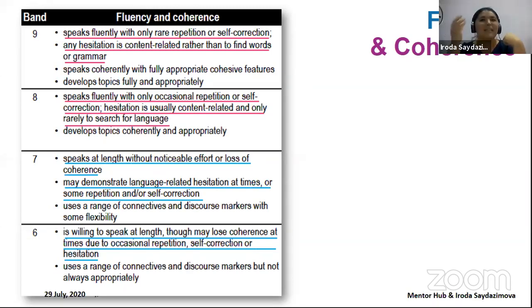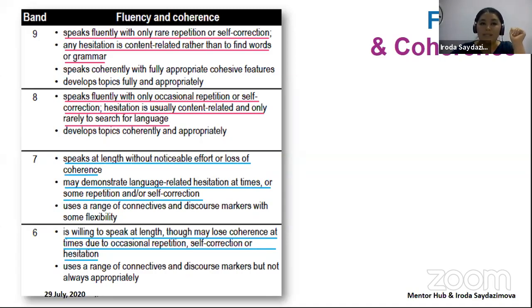You know what I mean? They're trying to think about some word or a phrase in English, and that's what they're trying to remember, and that's obvious. However, somebody who speaks at band score 9 would still have hesitation, but it would mostly be related to the idea. And this is something that we all actually come across with, even in our native language, in Uzbek language, right? So, yeah.